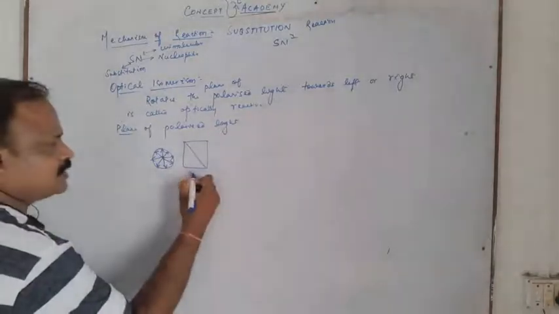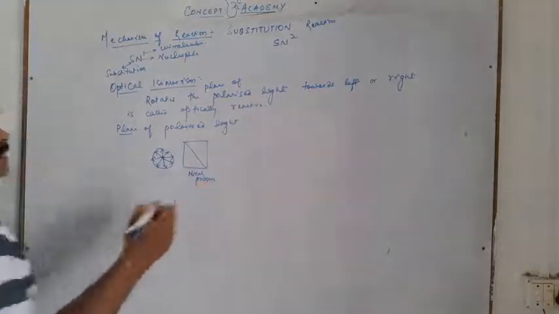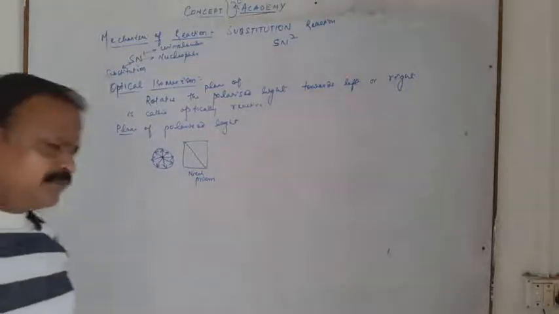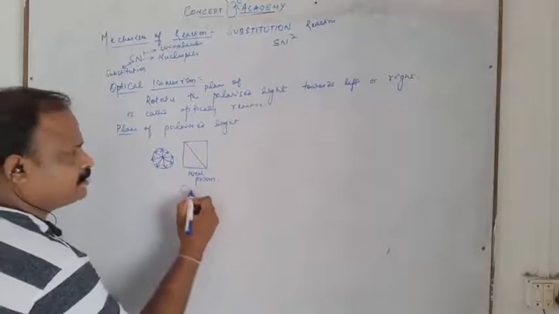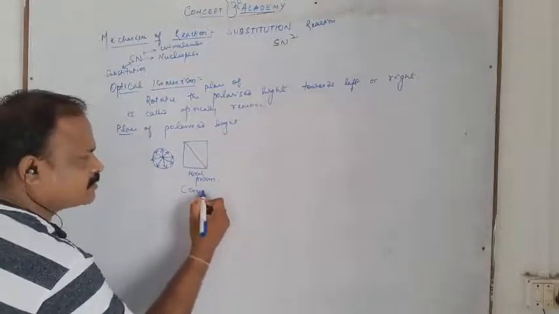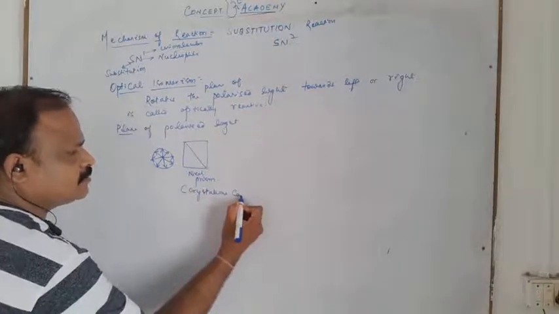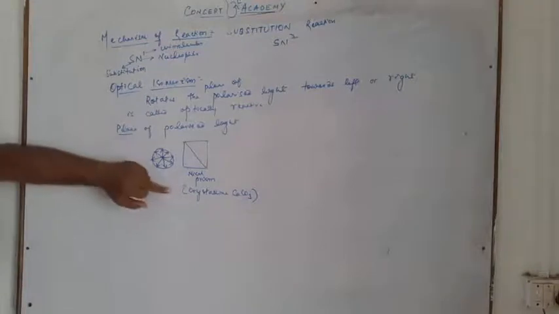When it is passed through Nicol prism, this becomes either right or left. So what is Nicol prism? Well, if somebody asks, it is the prism made up of crystalline calcium carbonate.